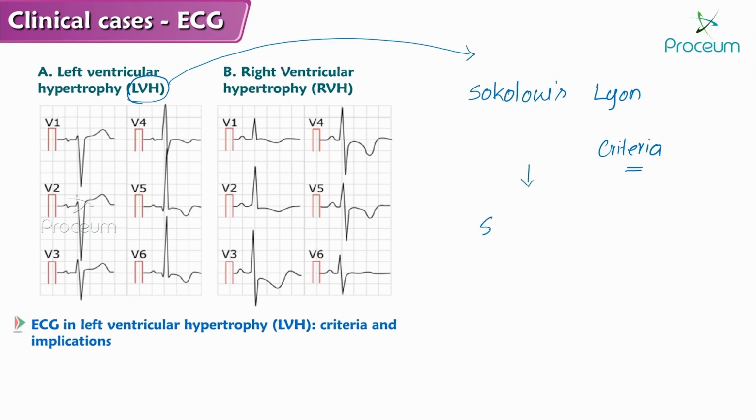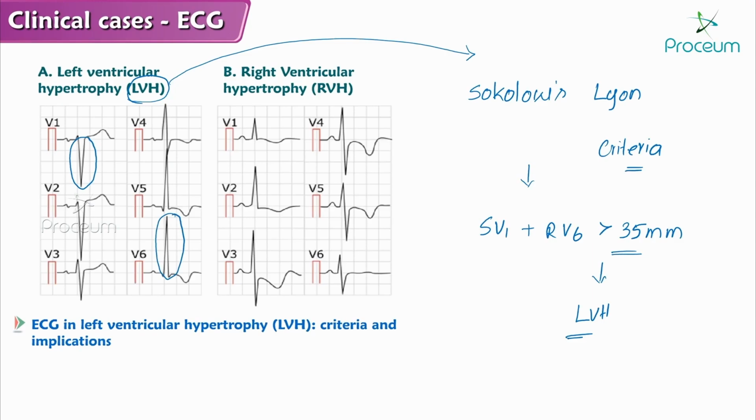It is nothing but SV1 plus RV6. If it is more than 35 mm, that is suggestive of left ventricular hypertrophy. You see here, this is your SV1, and here, this is your RV6. So SV1 plus RV6 more than 35 mm is your Sokolow-Lyon criteria, right?